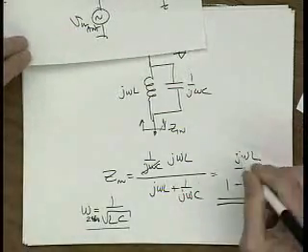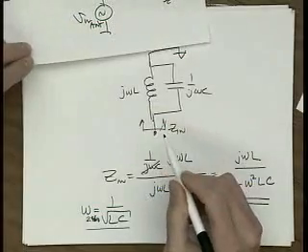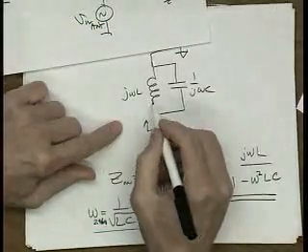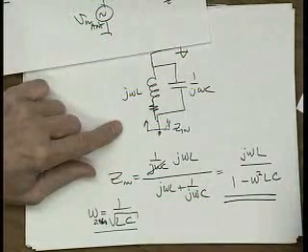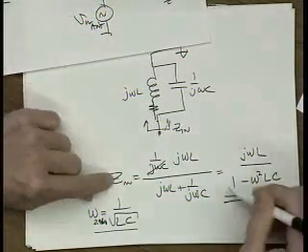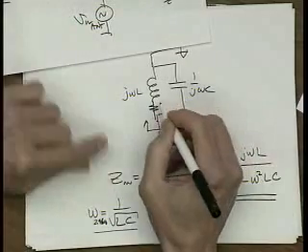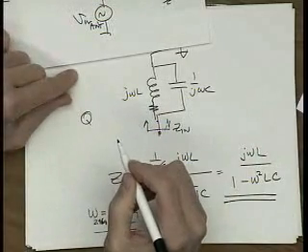Now, unfortunately, it's not quite that good. An inductor also has a little parallel series resistor associated with it. So it doesn't really go to infinity up here, but we call this the Q of the inductor.